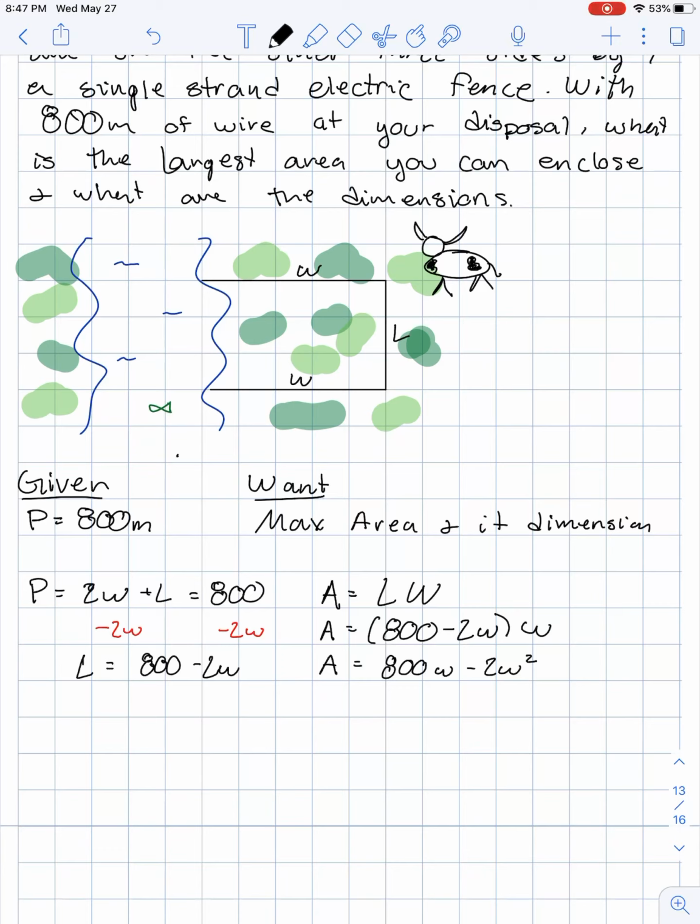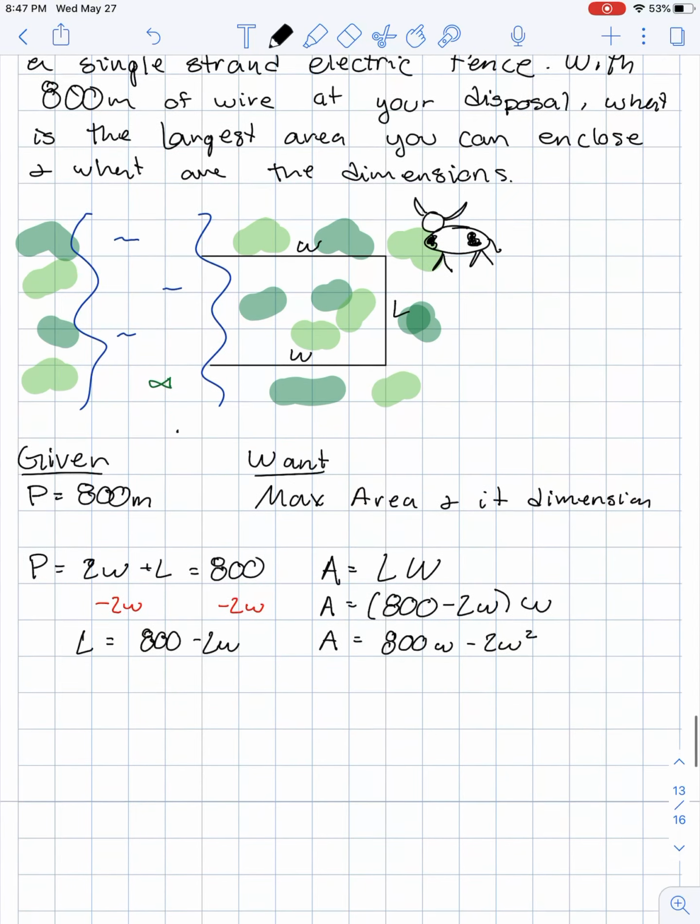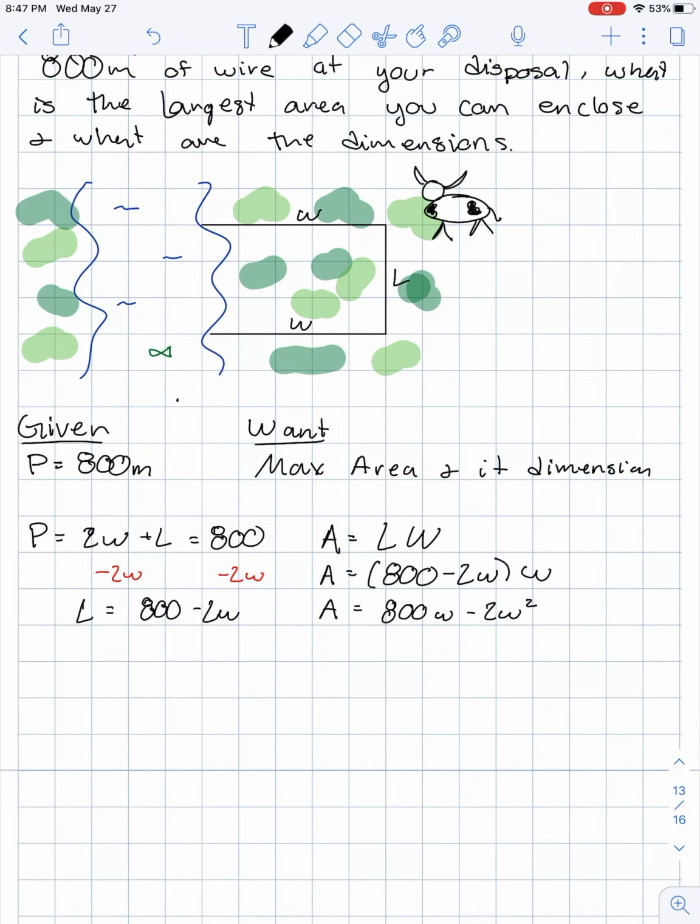So if I have 800 feet of wire, the widest I can be is 400. Because it's a rectangle, we still have 2W. So assuming that length is 0, the widest it can be is 400. The smallest it can be is 0.